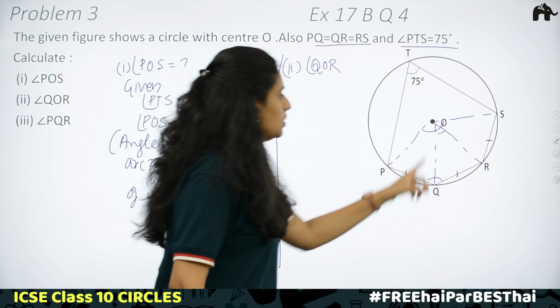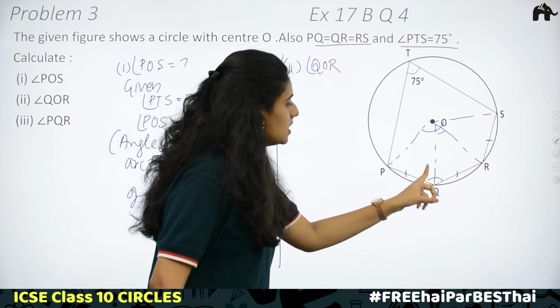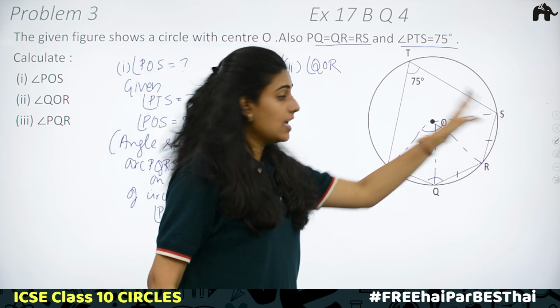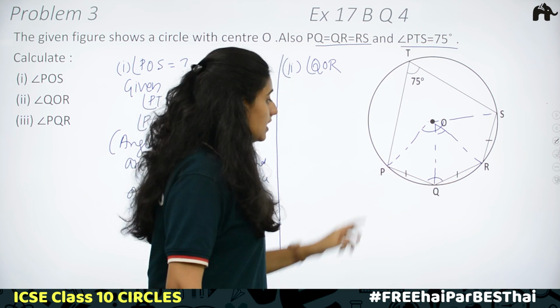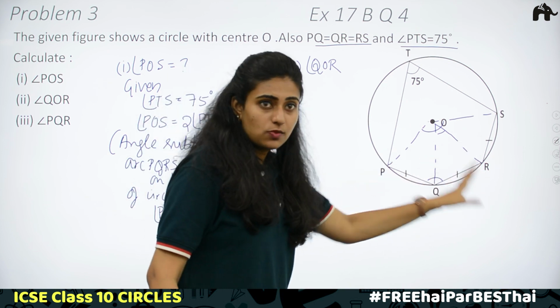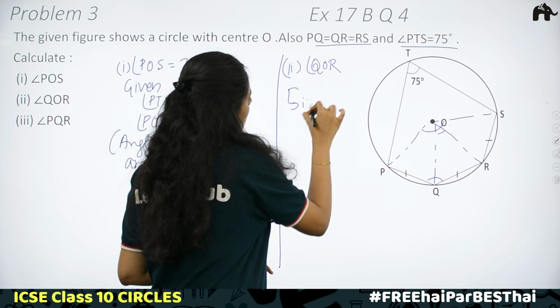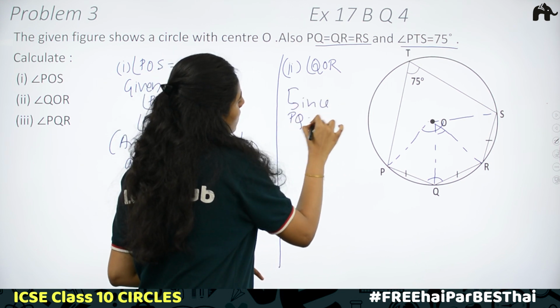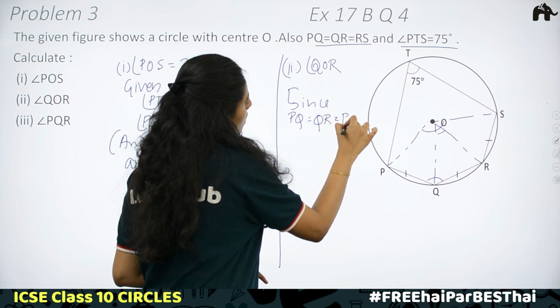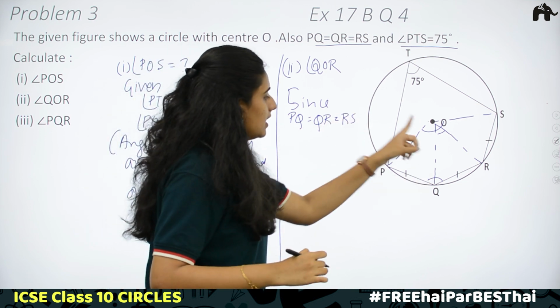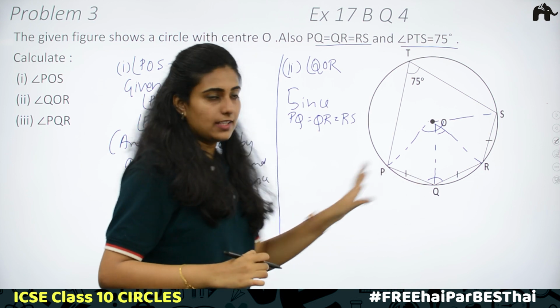Okay, to find QOR, given that PQ is equal to QR is equal to RS, they are equal chords. We know that the angle subtended by equal chords will be equal. Therefore, since PQ is equal to QR is equal to RS, PQ subtends angle POQ at the center.